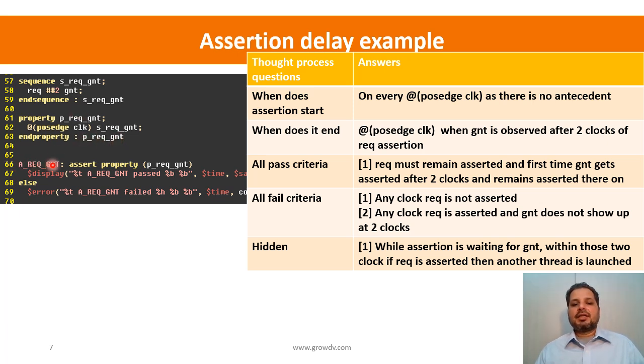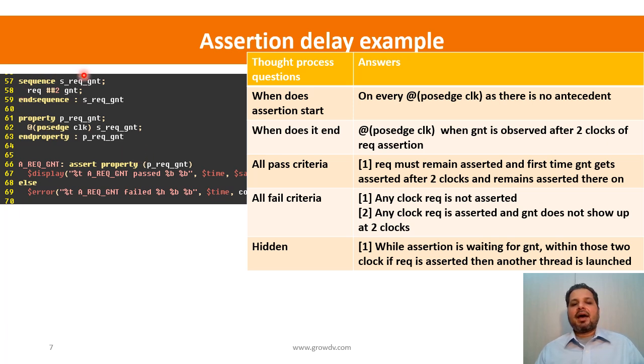Unless you put this one, when it fails, the name can be some auto-generated name from the simulator, and that can be very confusing. So I say assert property p request grant, and if it passes, I say it has passed and display some time and values. If it is an error, I say failed and display time and values of some signals.